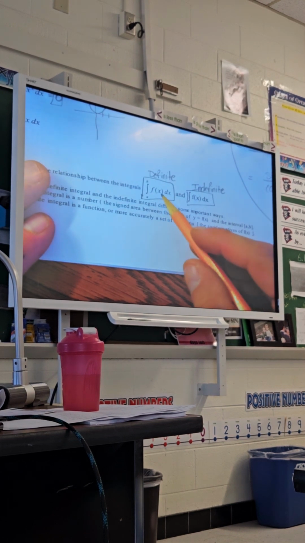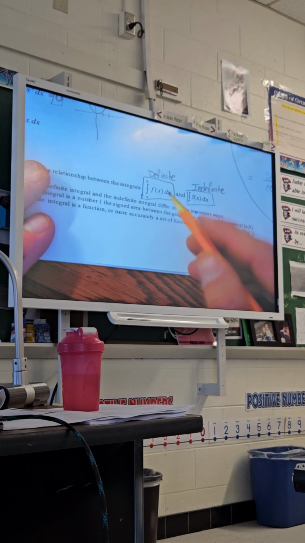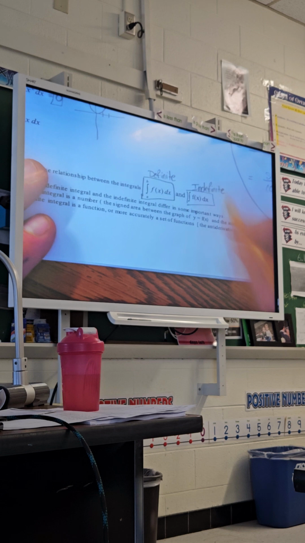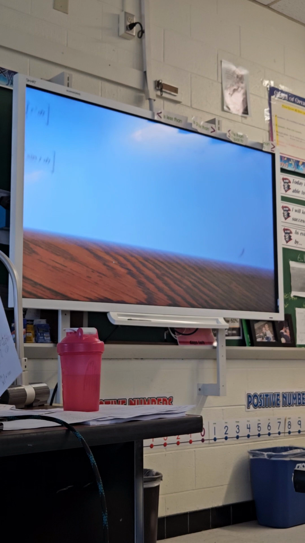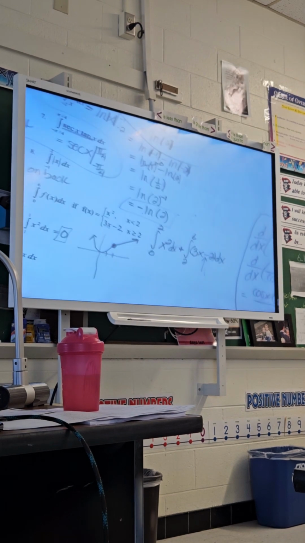I will definitely know the area. I can definitely plug in the numbers and definitely get the answer. But this one's not definite. It's going to be some capital F(x) plus C. Indefinite. All right. Next page.